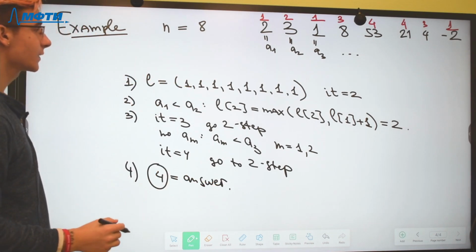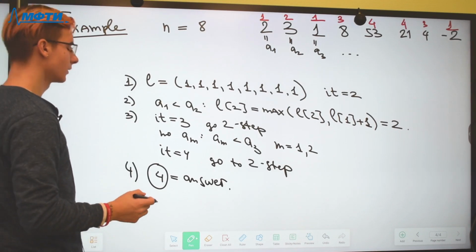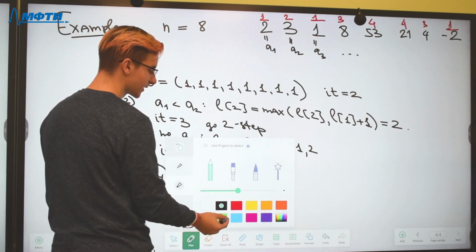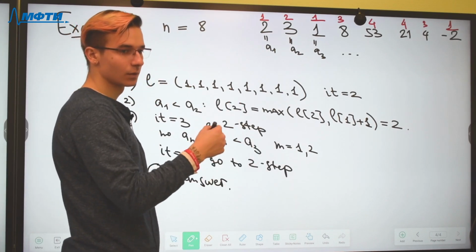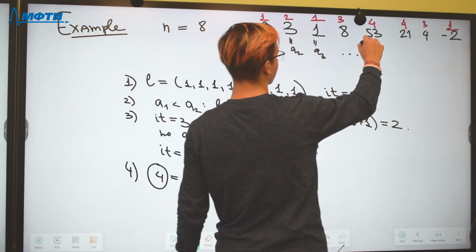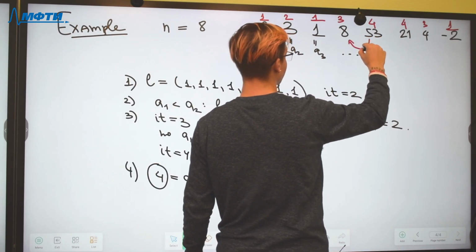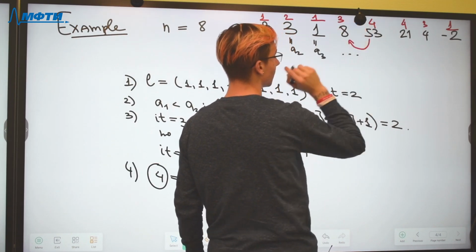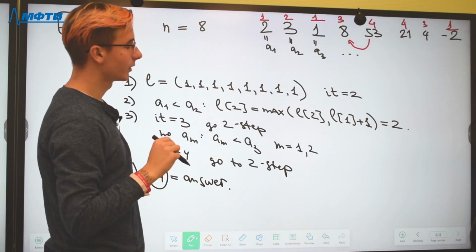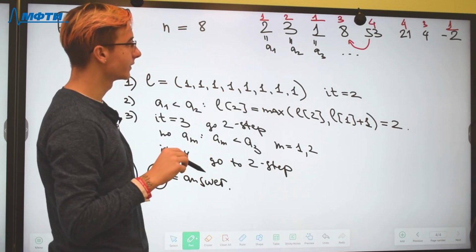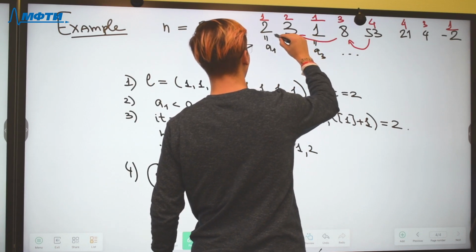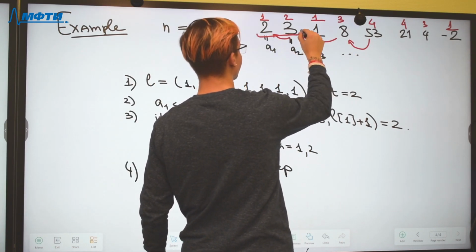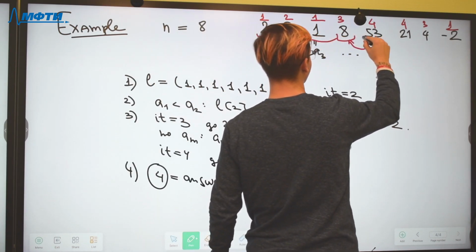And of course, if we store the link to the previous number, not only the number, we find that this number can connect with 8, it connects with 3, we connect with 2, and then we find this subsequence.